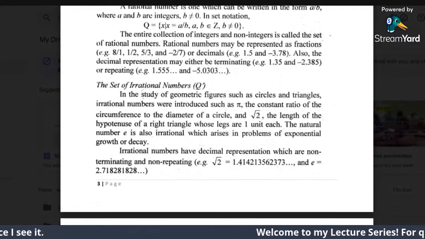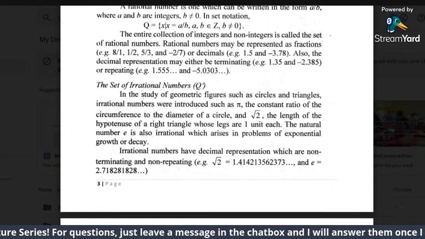So we call them irrational numbers. These are numbers that, when expressed as a decimal, are numbers that do not terminate. So non-terminating siya and non-repeating. These are numbers that are called irrational numbers.